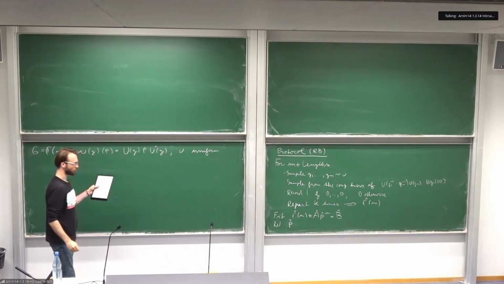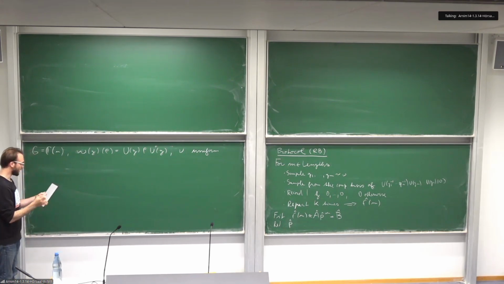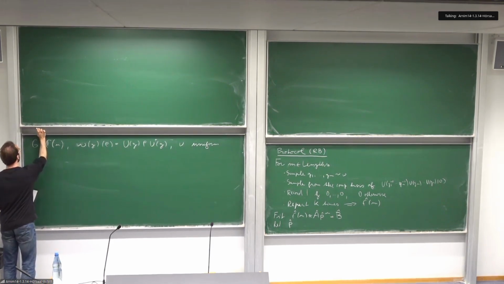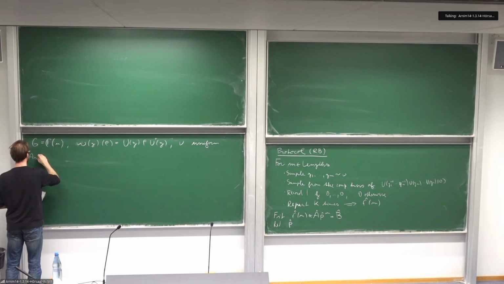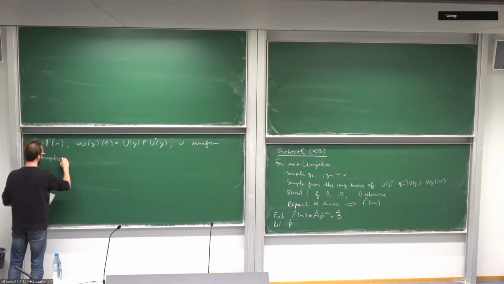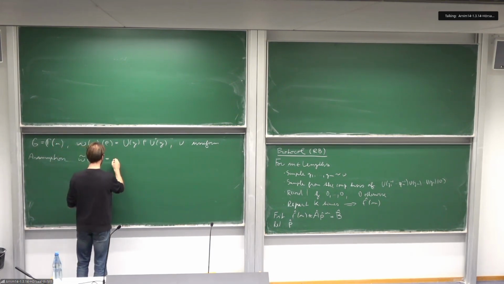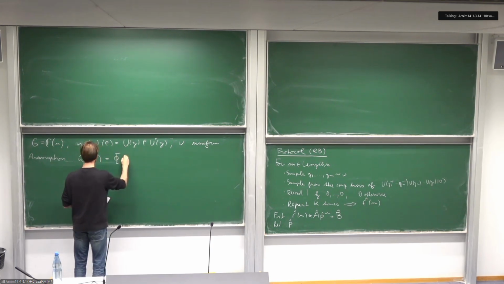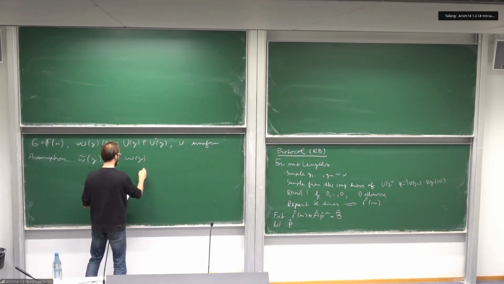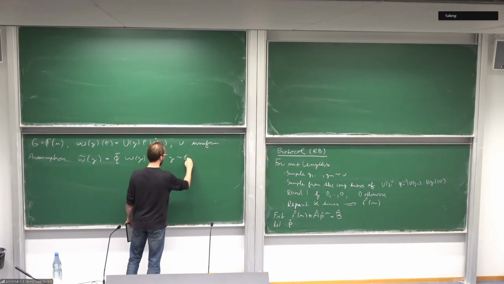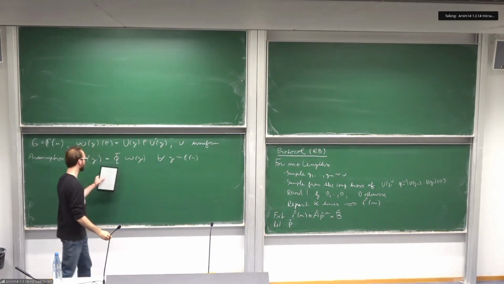Uniform distribution on the Clifford group. And now we make a massive assumption that omega tilde of G is equal to some error channel phi times omega of G, for all G. So this is a huge assumption.